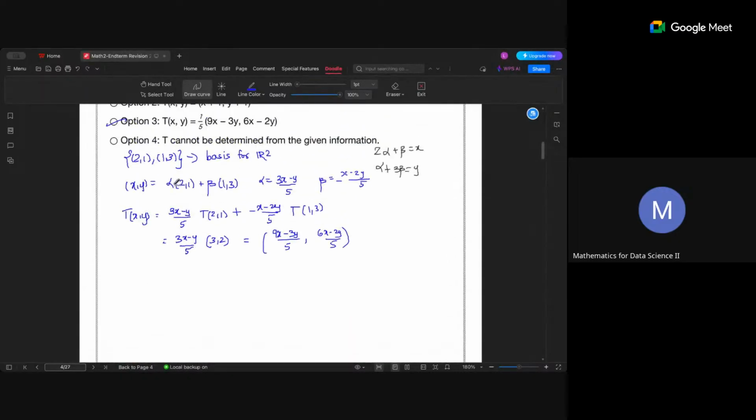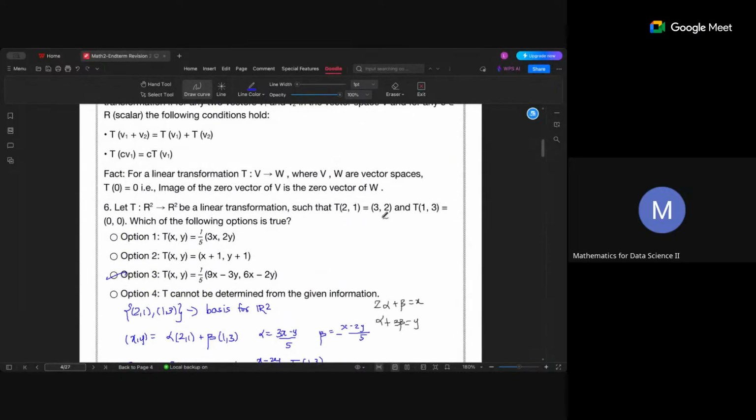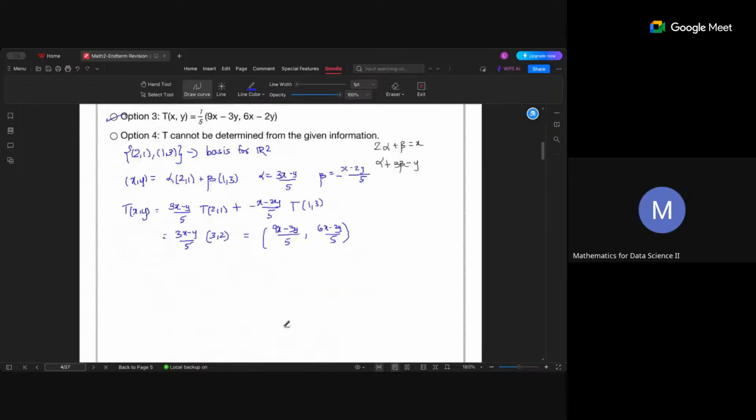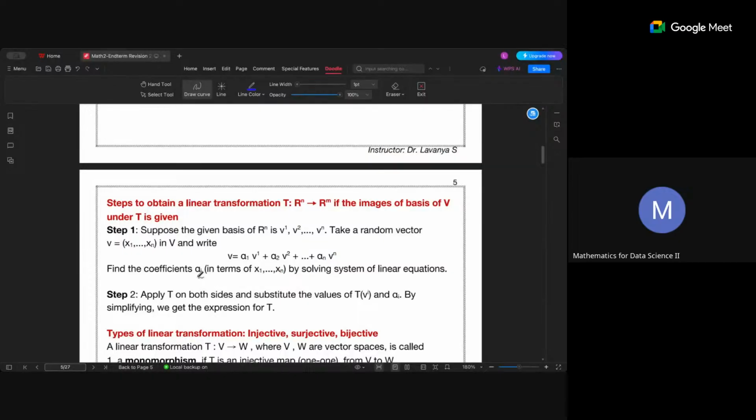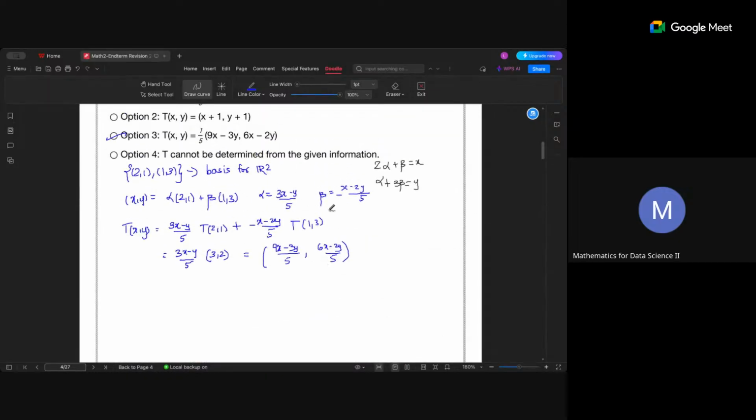So here we have written alpha times v1 and beta times v2. So I have written this random vector as a linear combination of v1 and v2, right? And then I have to solve the system of linear equations and find the coefficients alpha i: alpha 1, alpha 2, alpha n. So here alpha and beta I am finding by solving the system of linear equations.